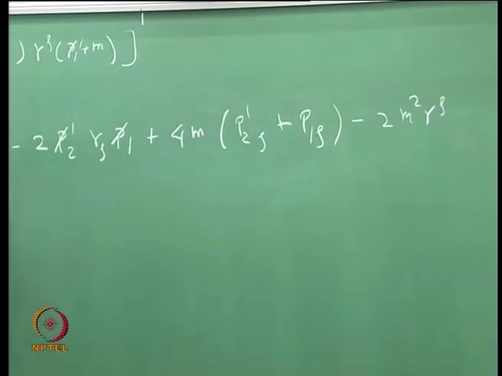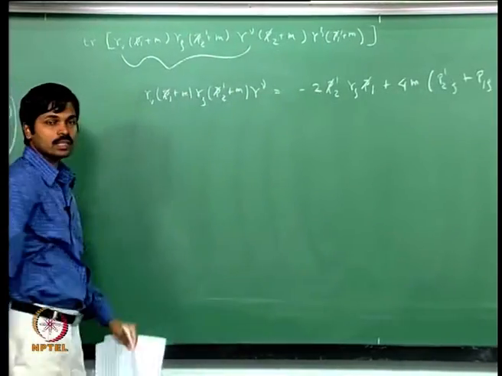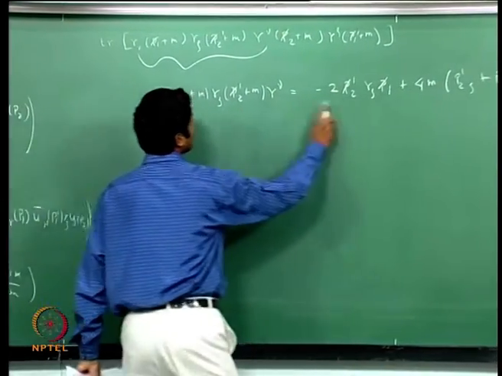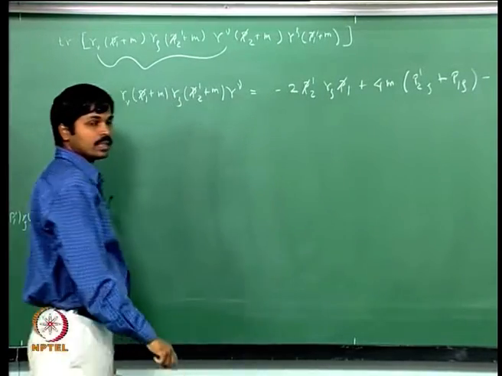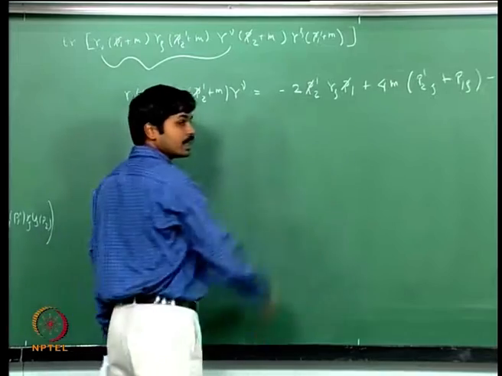So I will show this quantity is equal to this, and then I will substitute it here, and then it will be quite simple to evaluate the trace. So let us first consider this and then prove this identity.